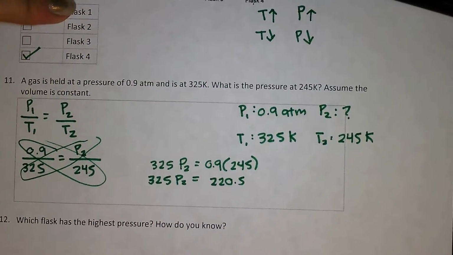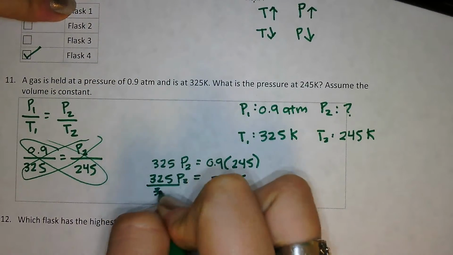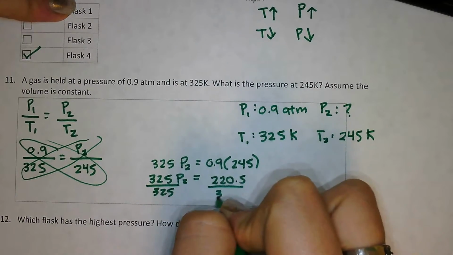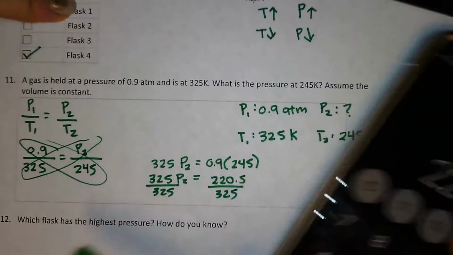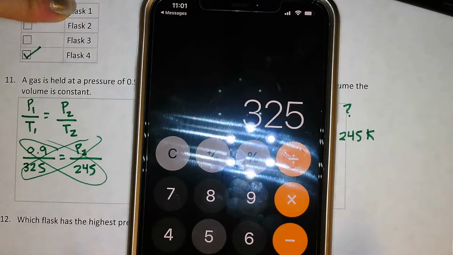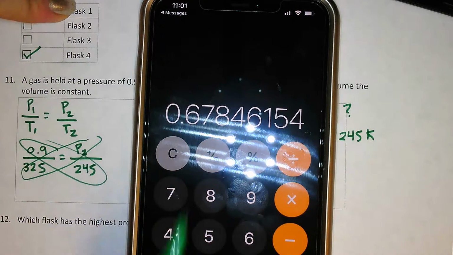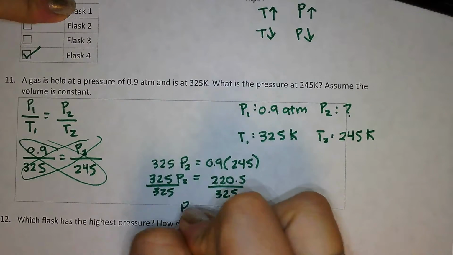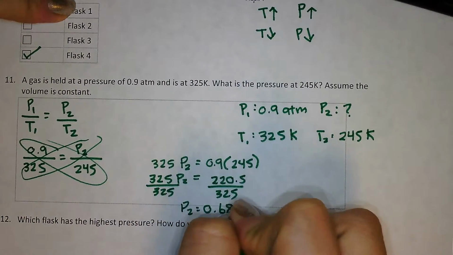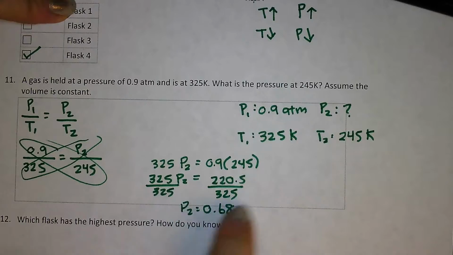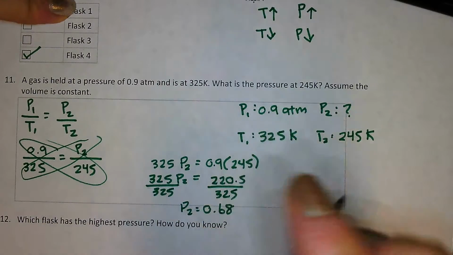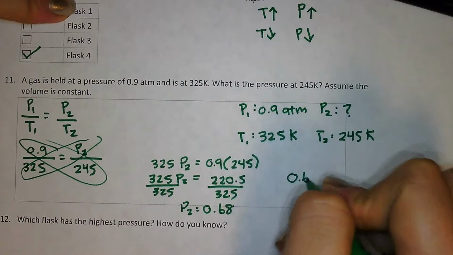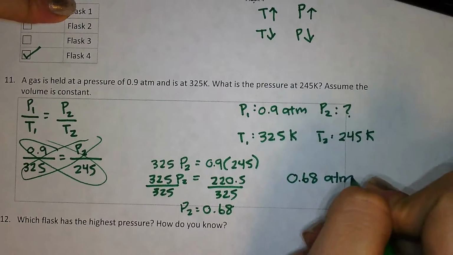To get P2 by itself, we have to divide both sides by 325, and that is approximately 0.68. P2 is equal to 0.68. Because it is pressure and pressure is in atmospheres in this problem, our final answer is 0.68 atmospheres.